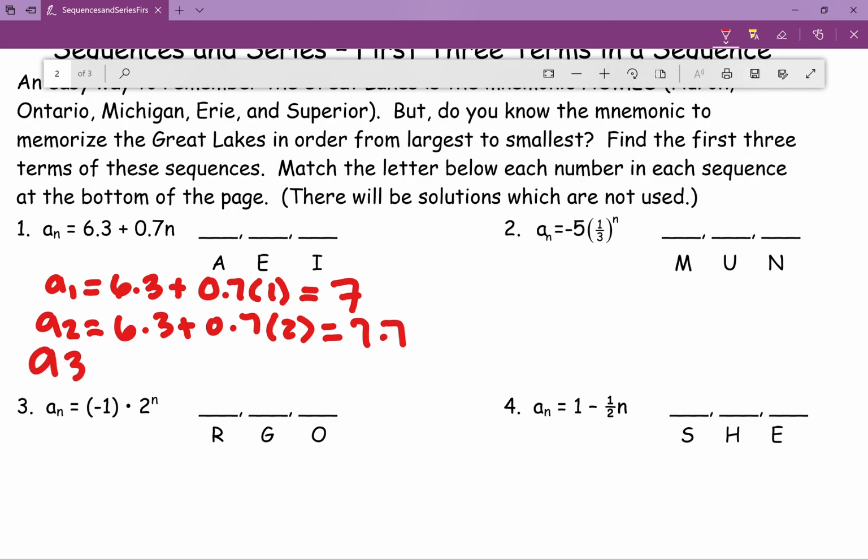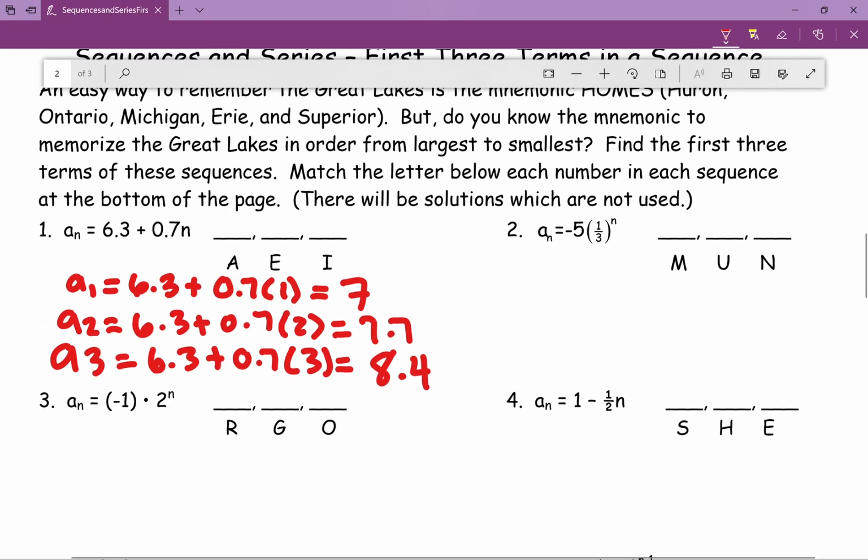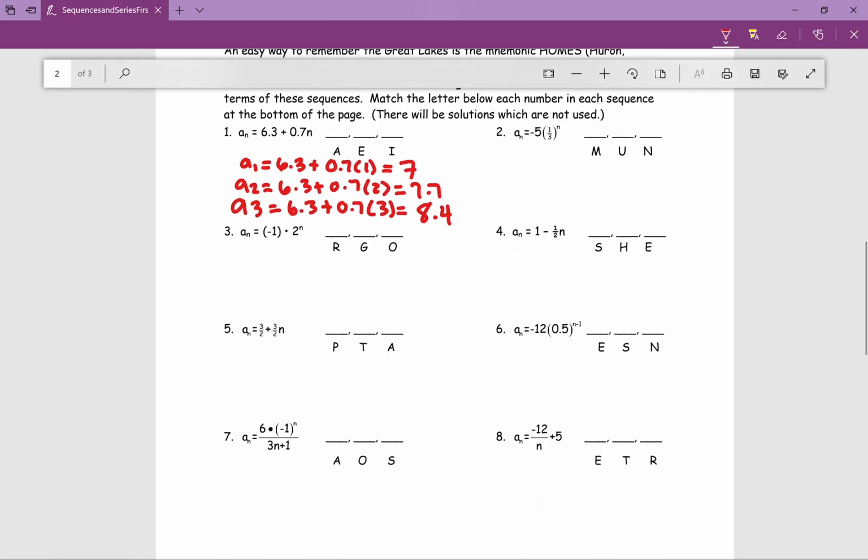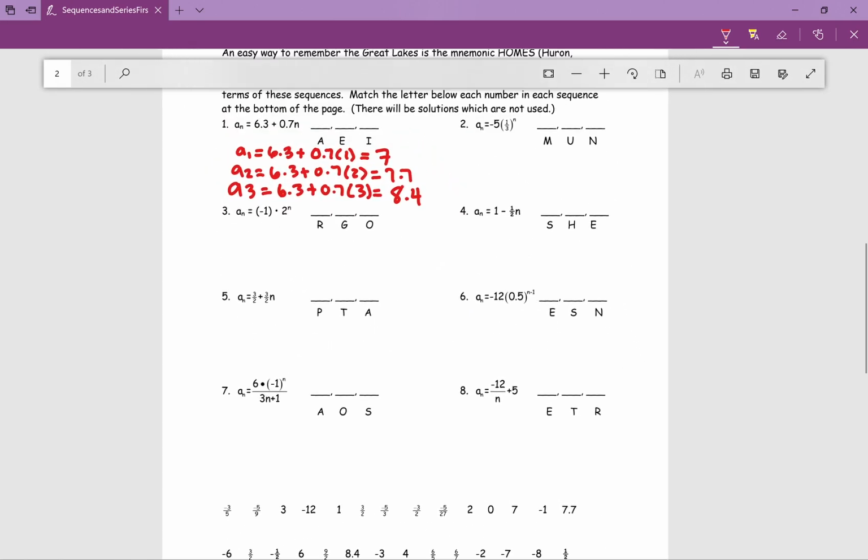So A of 3 is equal to 6.3 plus 0.7 times 3, which again we're going to plug into our calculator, and I will get 8.4.